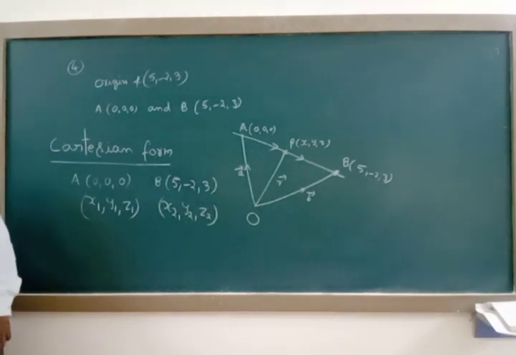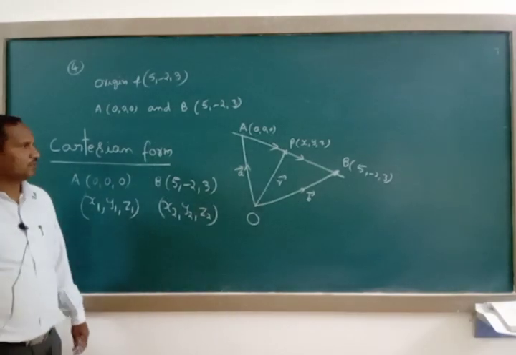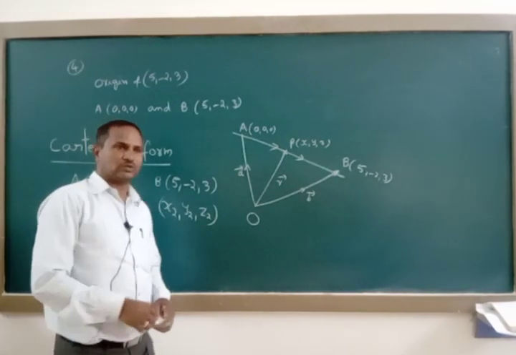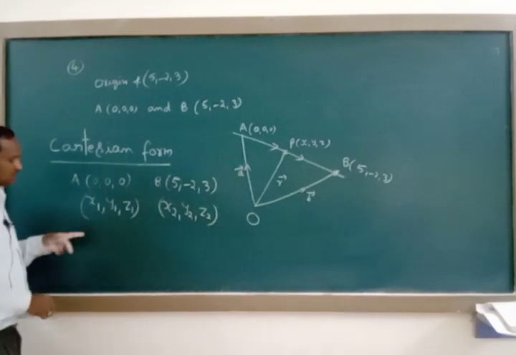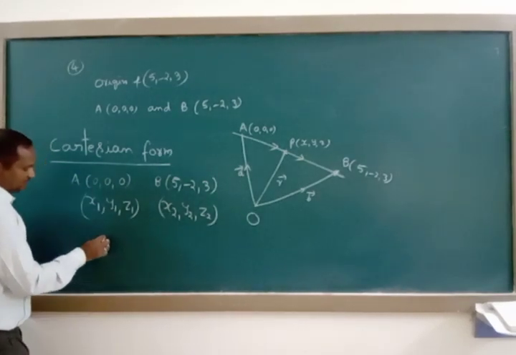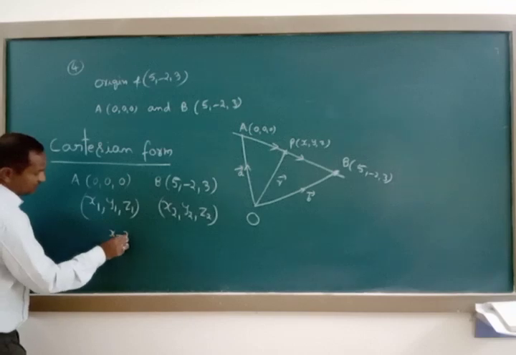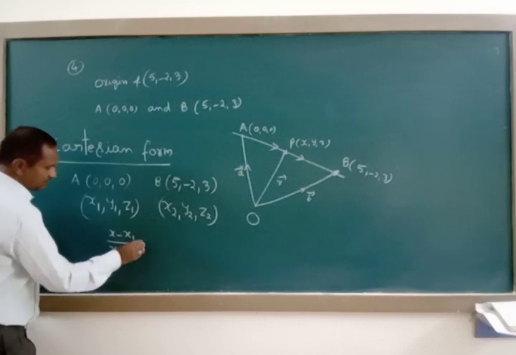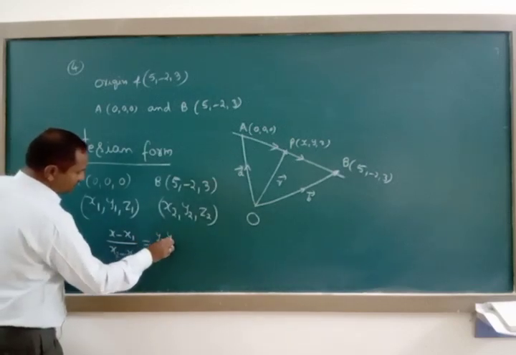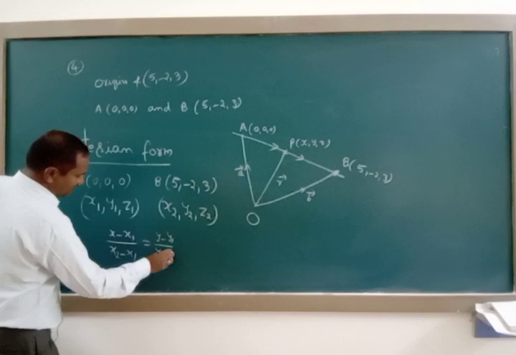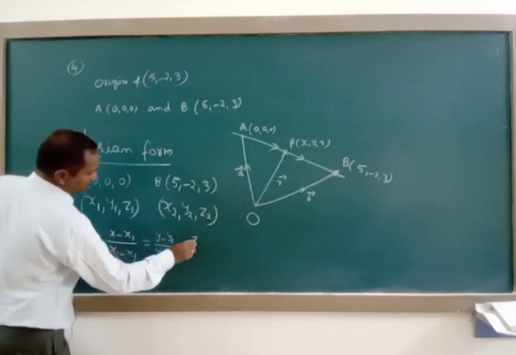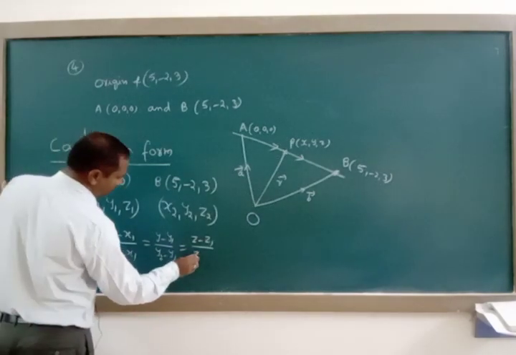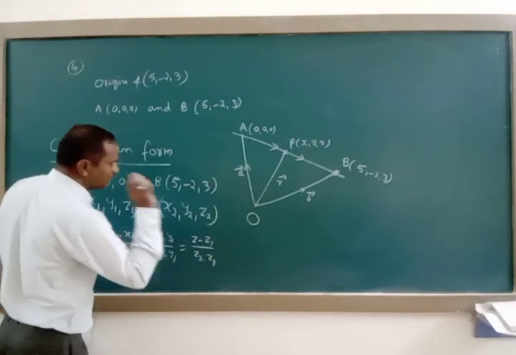Now you substitute all these 6 values in the given Cartesian form of equation of straight line when it is passing through the 2 points. In this case, Cartesian form of equation of straight line is x minus x1 by x2 minus x1 is equal to y minus y1 by y2 minus y1 is equal to z minus z1 by z2 minus z1 is equal to lambda.